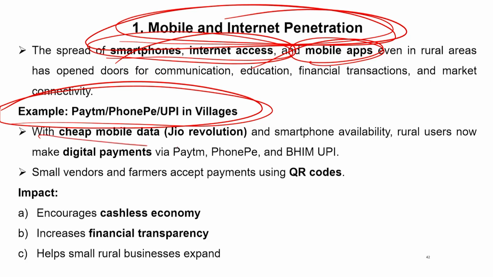If you say that you don't use online transactions, you are going to lose your business. With cheap mobile data, remember Jio, what they have done? They launched very cheap data, the price of data is very low, and you can use the internet at a very low price. They have provided free data also.